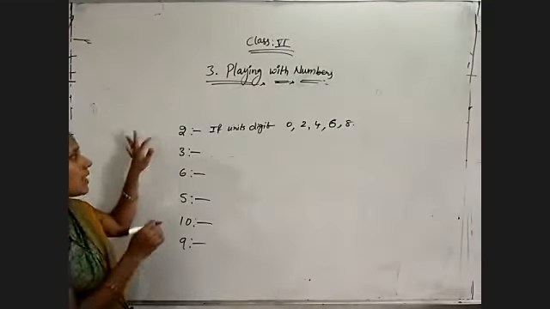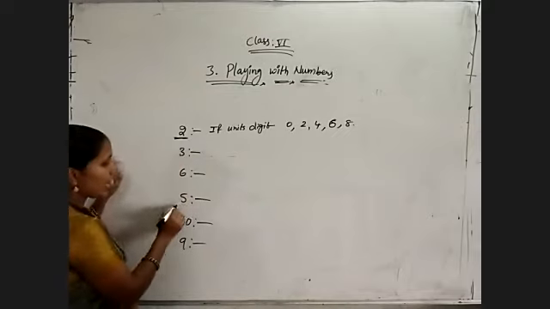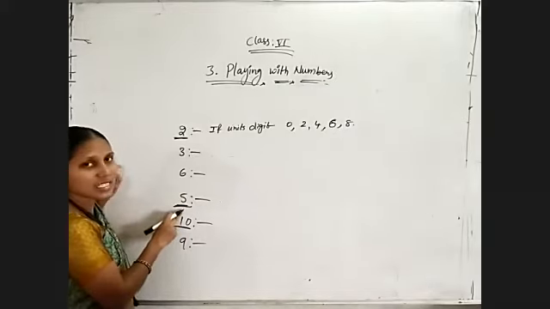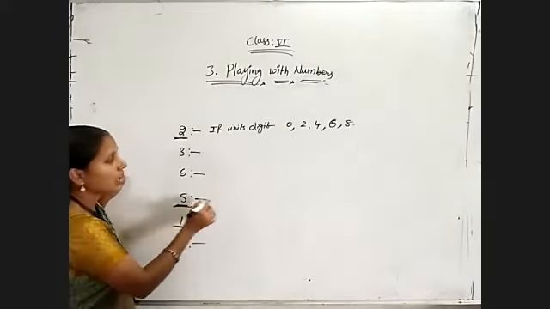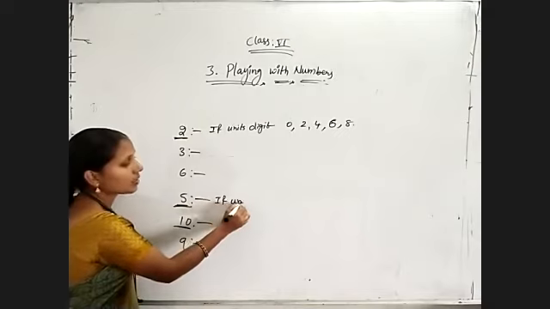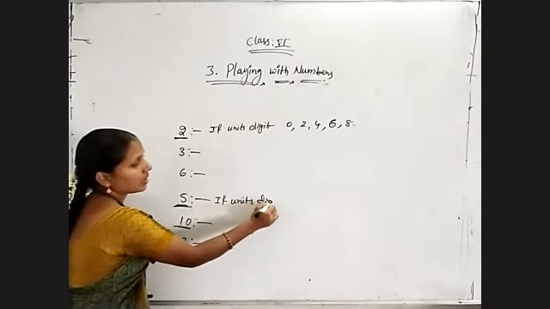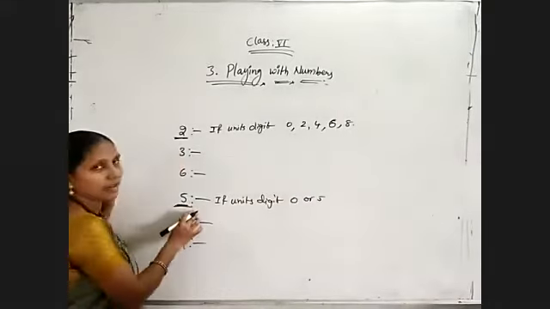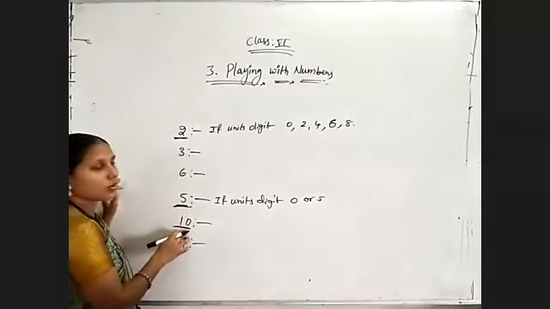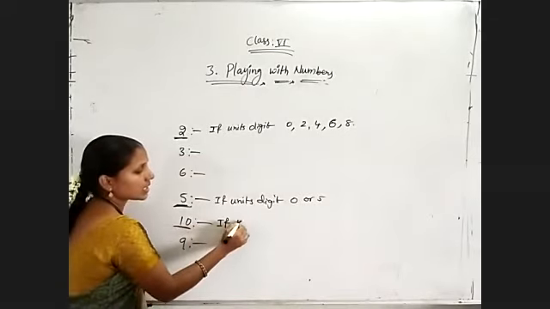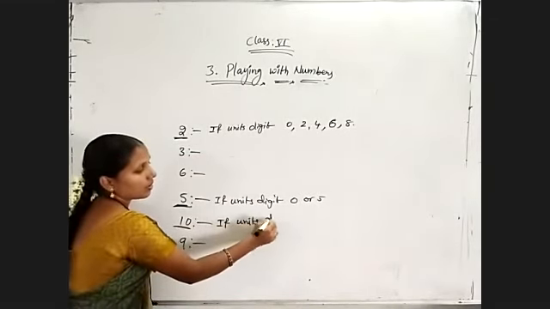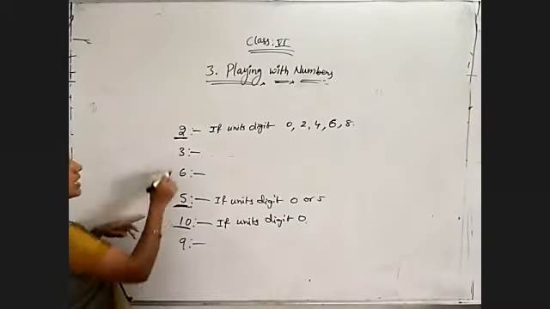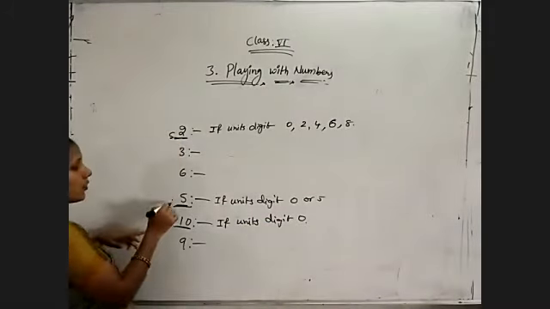Units digit only we are checking, for 2, and 5 also units digit, 10 also units digit. For 5, if the units digit is 0 or 5, then only it is divisible by 5. And the divisibility rule of 10: if the units digit is 0, then only it is divisible by 10.